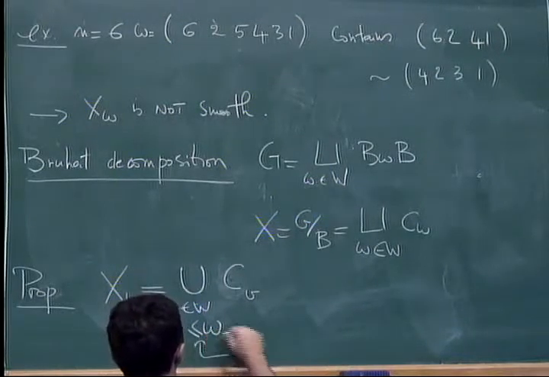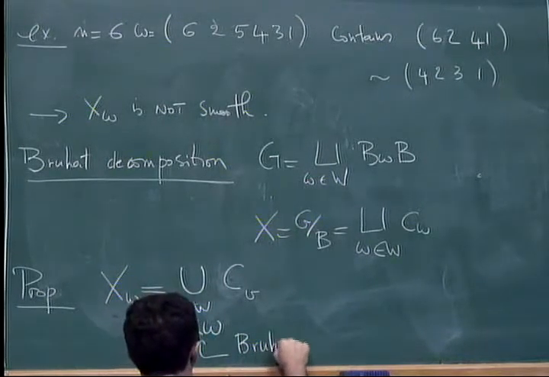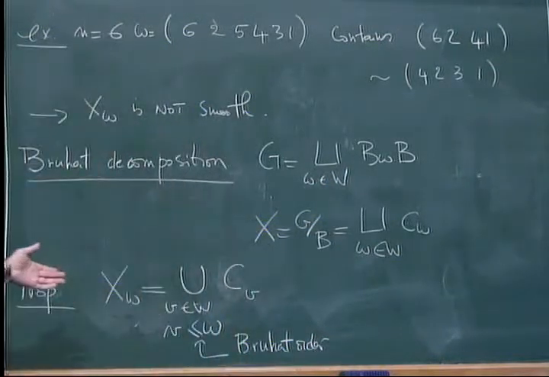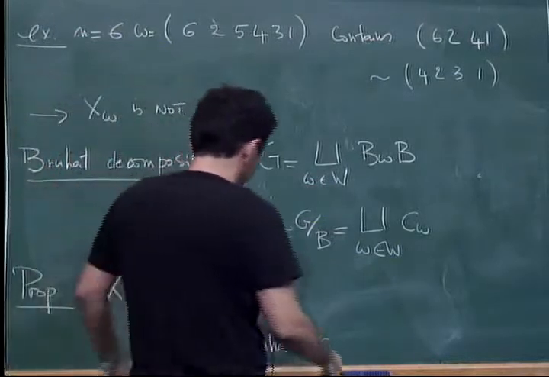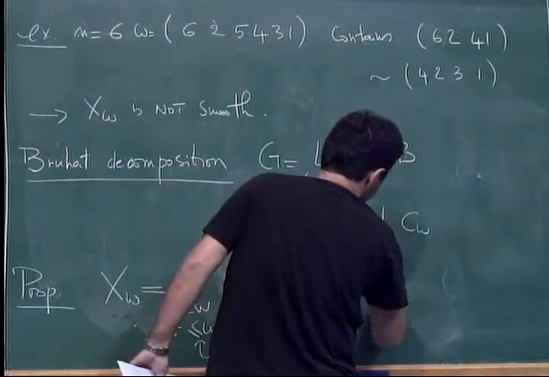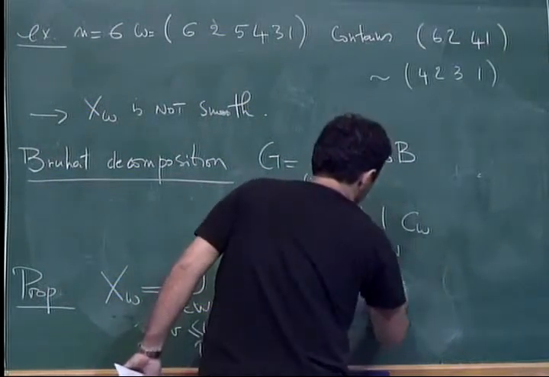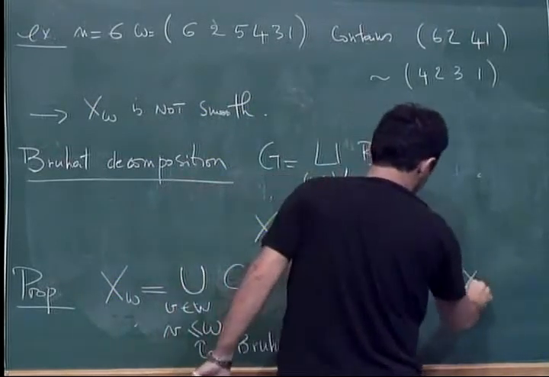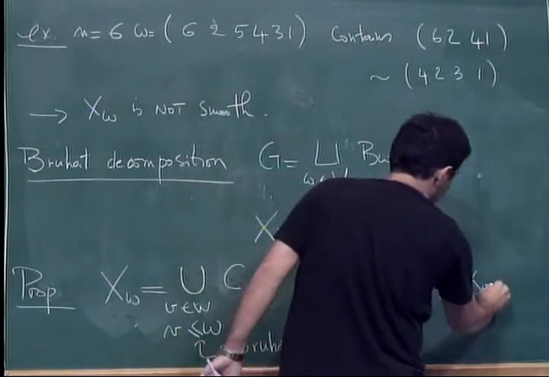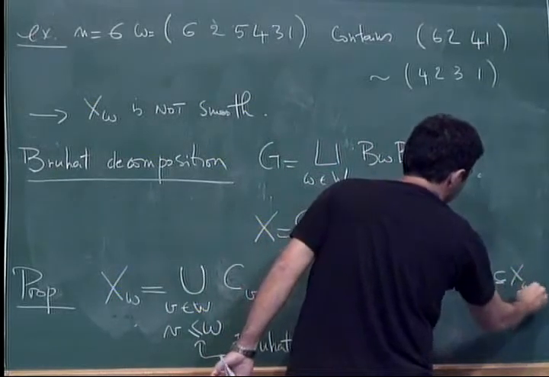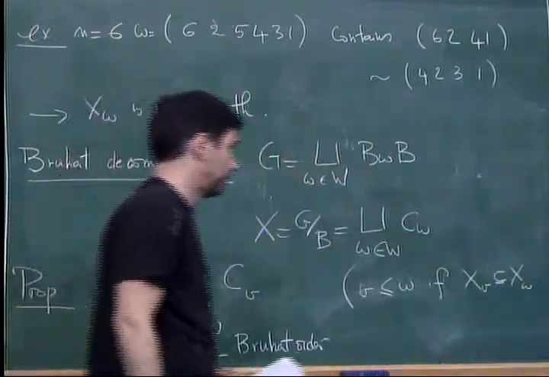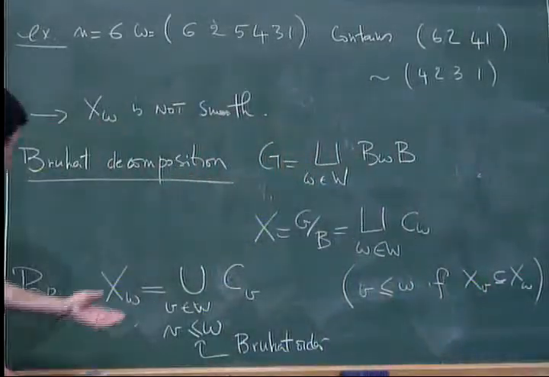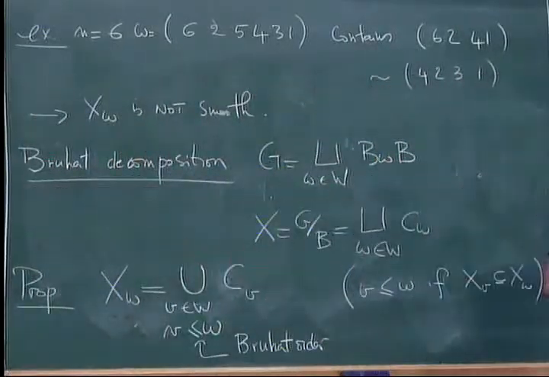Here, this is the so-called Bruhat order. It can be defined geometrically: v is less or equal to w if the closure of the corresponding cell X_v is contained in the closure of the corresponding cell X_w, but this becomes a complete triviality.